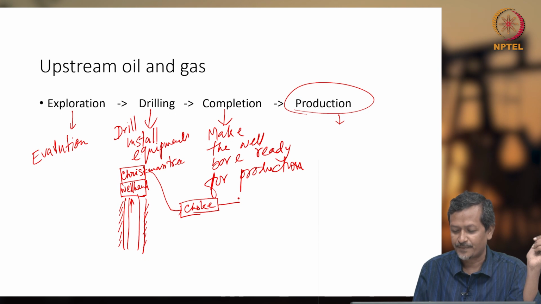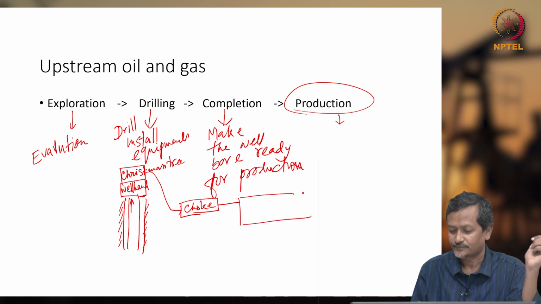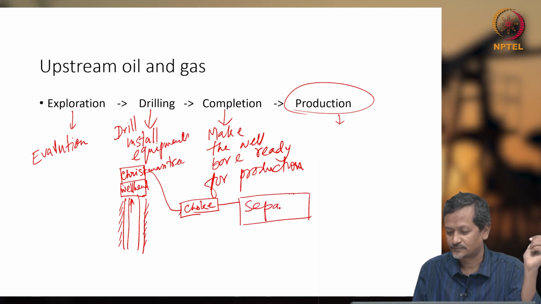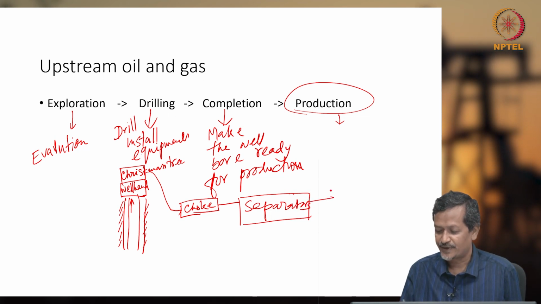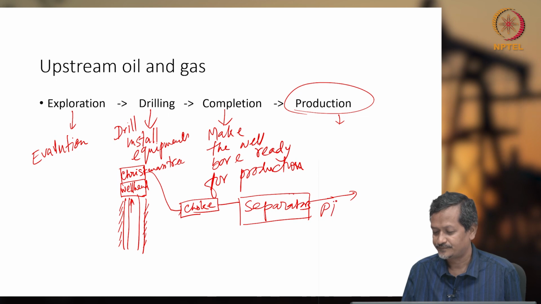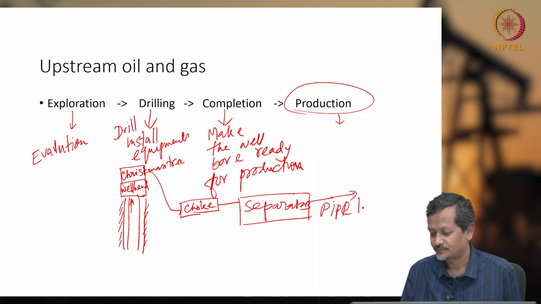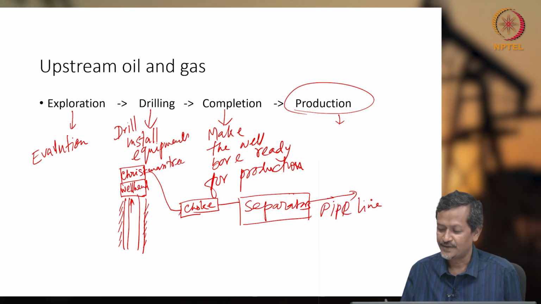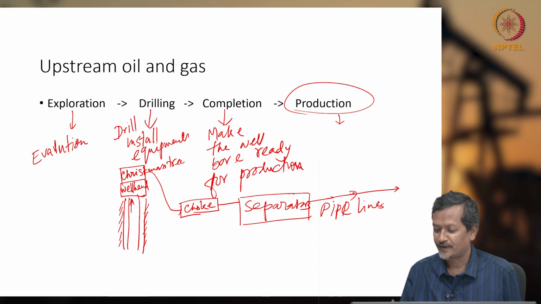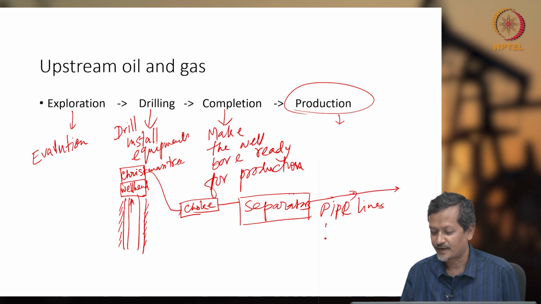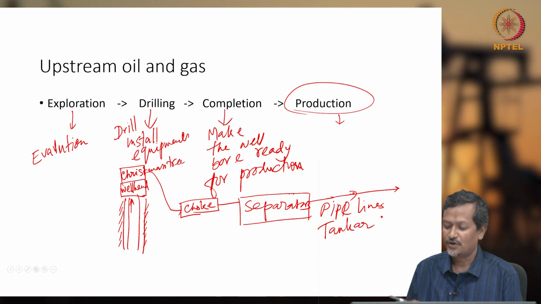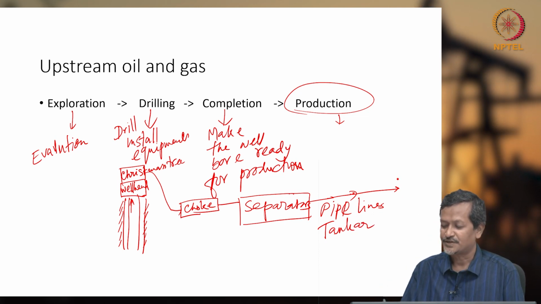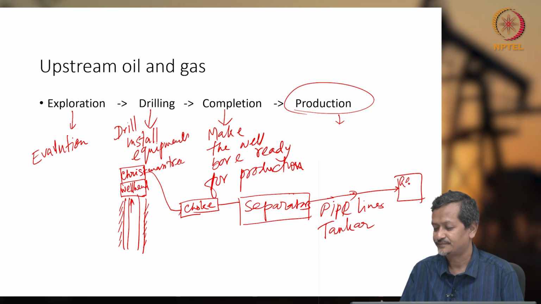From choke there will be separator system. Separators. After separators there will be downstream or pipeline mechanism. Pipeline or maybe your tanker transportation or some other means of mechanism to transport it to refineries.